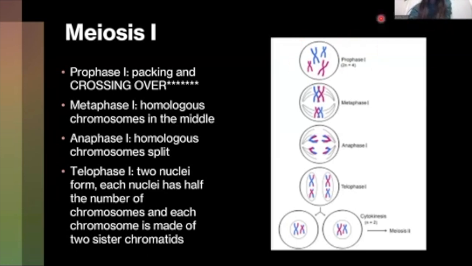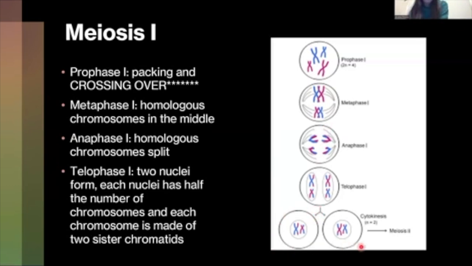Prophase 1, you'll see you have 2 big guys and 2 little guys. Imagine the pink is the chromosome from mom, and the blue is the chromosome from dad. Metaphase 1, it's your homologous chromosomes that are lined up. And then in anaphase 1, they are going to split apart, and each side gets one of the homologous chromosomes.